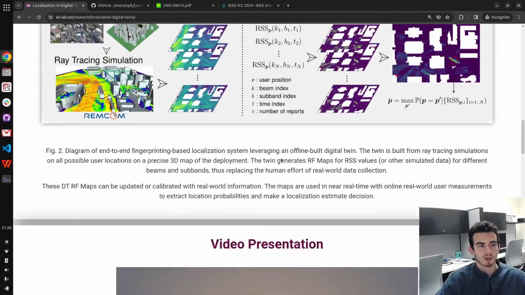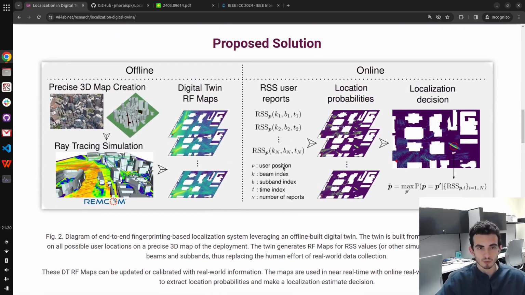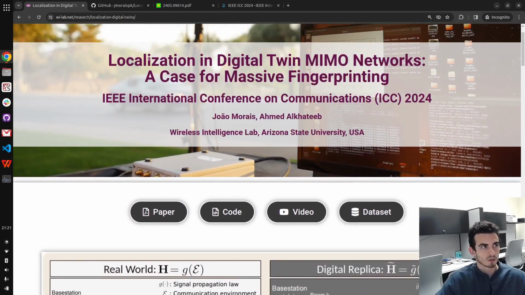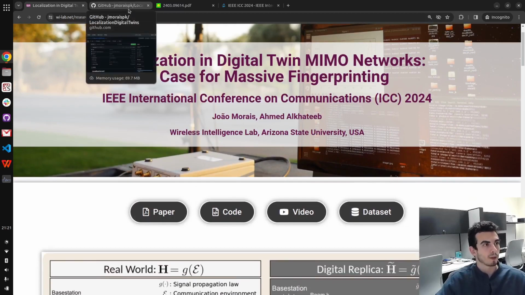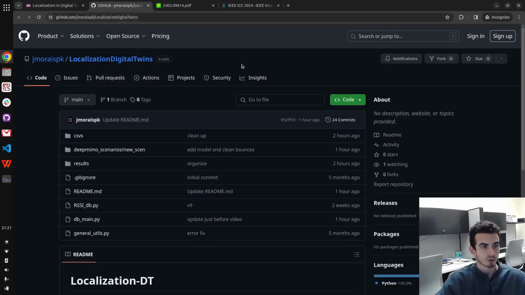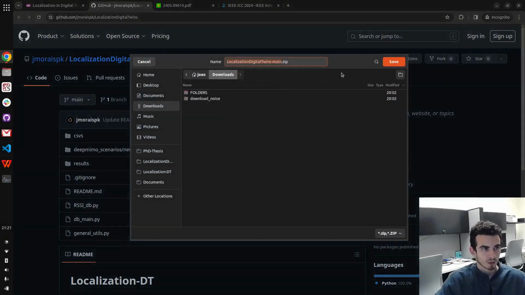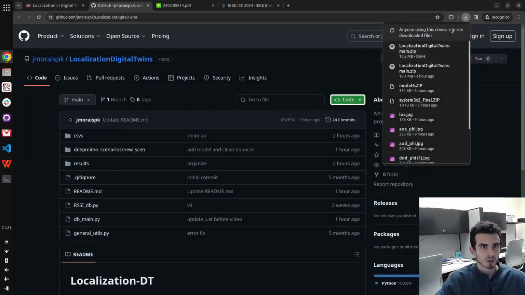Okay, I think this provided a good intuition of what we're trying to do, and to reproduce the results you can go to this repository, which you can find here in the code, and you can download. Yep, let's download directly.